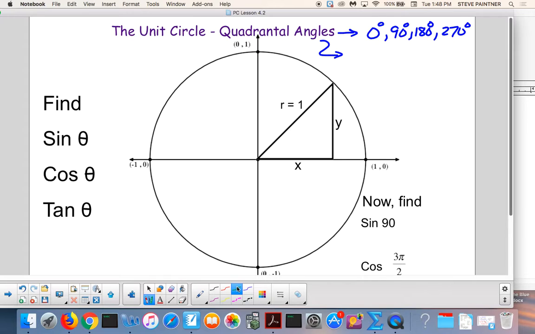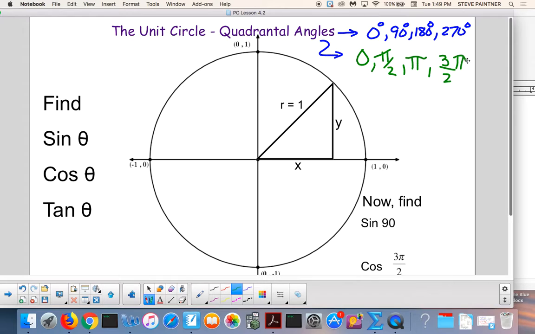What's 0 degrees in radians? No. You have already made a complete circle. 0 degrees is, I haven't moved. How many radians? 0 radians, 0 degrees, same thing. 90 is what? Pi over 2. 180. 270. All right. Now, if I did make a complete circle, it would be 2 pi, but then it went back to 0 again, so I'm repeating.